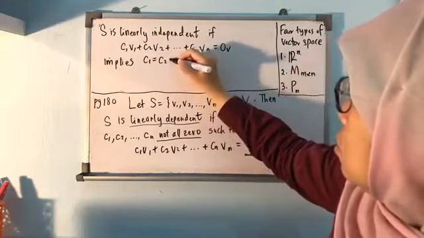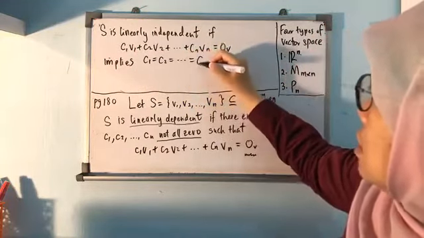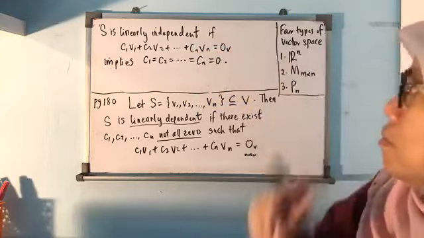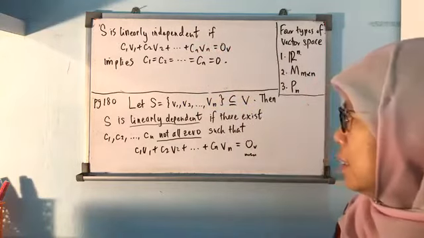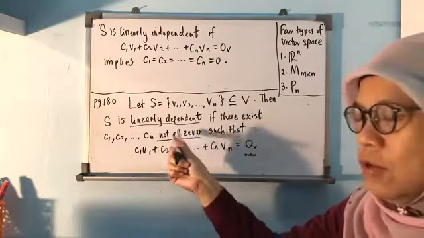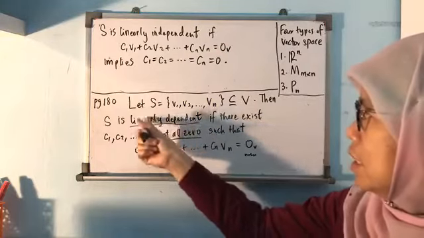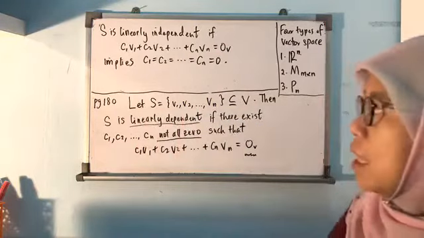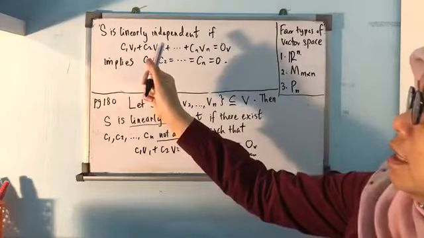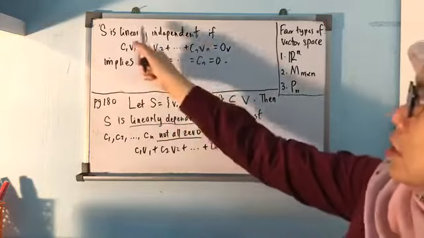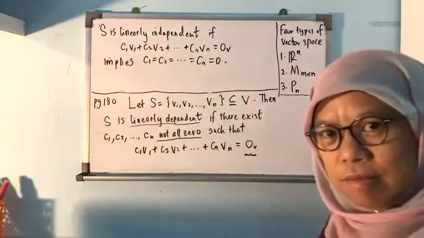C1 equals C2 equals Cn equals 0. Okay, this one is not all 0. If it is not all 0, it's linearly dependent. And if all are 0, it's linearly independent.